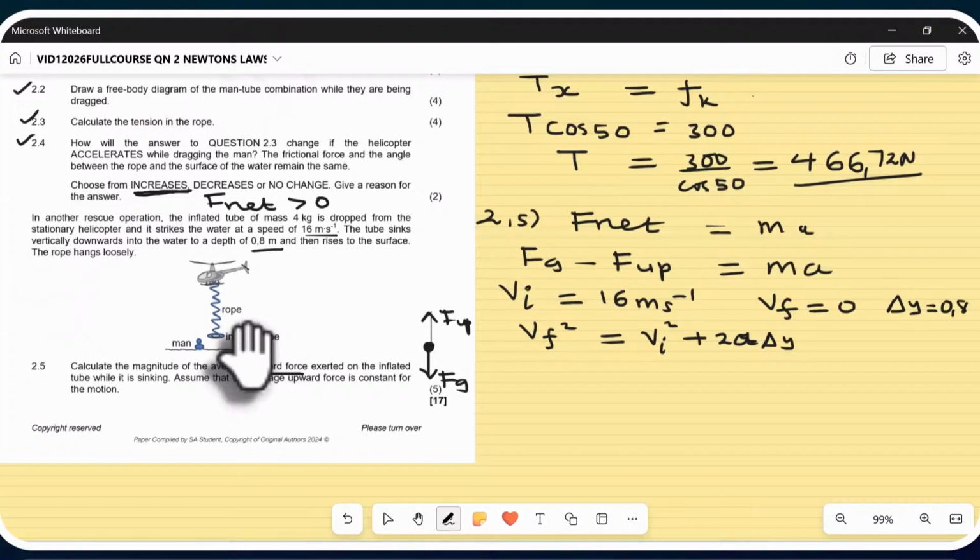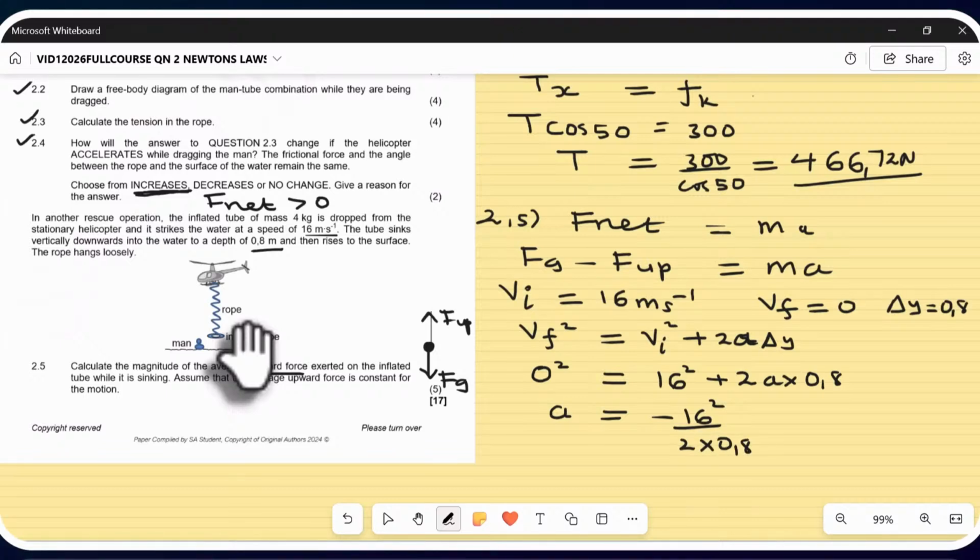Our acceleration, if we compute this, is going to be negative 16 squared divided by 2 times 0.8. With my calculator I'm getting negative 160 meters per second squared.